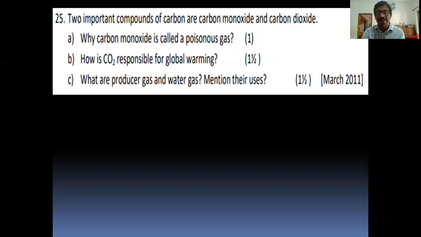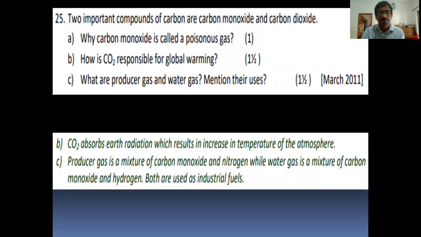Carbon dioxide is a greenhouse gas, so it causes the greenhouse effect and increases the temperature of the atmosphere. What are producer gas and water gas? Producer gas is CO plus N2, water gas is CO plus H2. Mention their uses: they can be used as fuels.